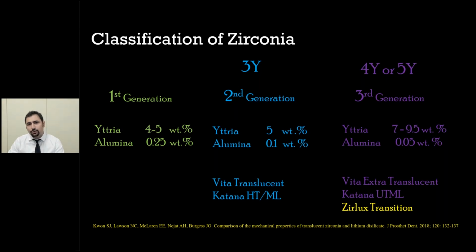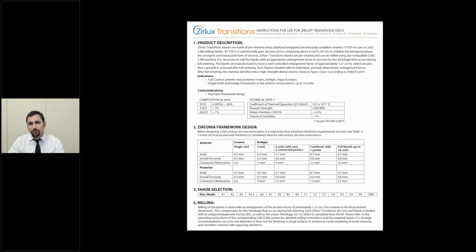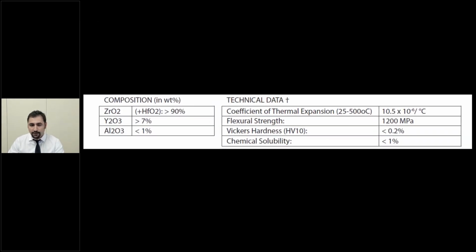Now, when we look at the Zirlux Transition's instructions for use, we can see that there is more than 90% zirconium oxide in the structure, and it's more than 7% yttria in it. So again, we learned that 7 weight% yttria is equal to 4 mol%.